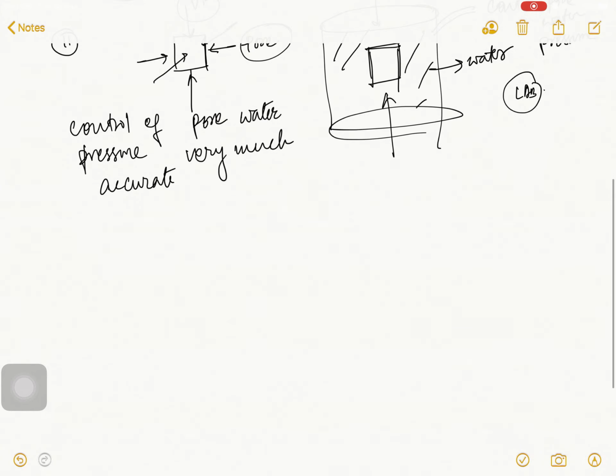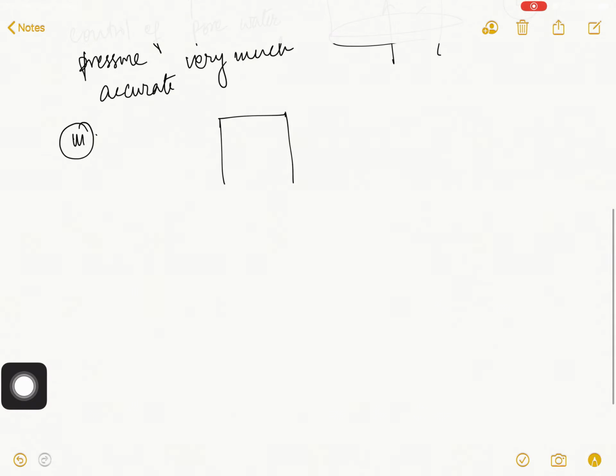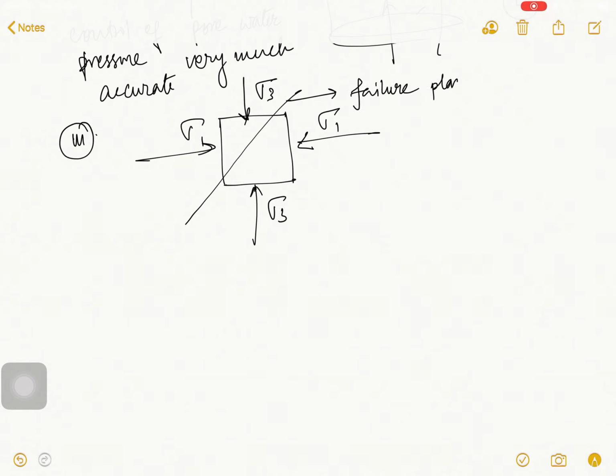Okay, now I talk about point number 3. Suppose this is our soil element. In this direction sigma 3, in this direction sigma 1 acting. Suppose in this plane the soil fails. That means this plane is known as your failure plane. So in the failure plane you find shear stress.